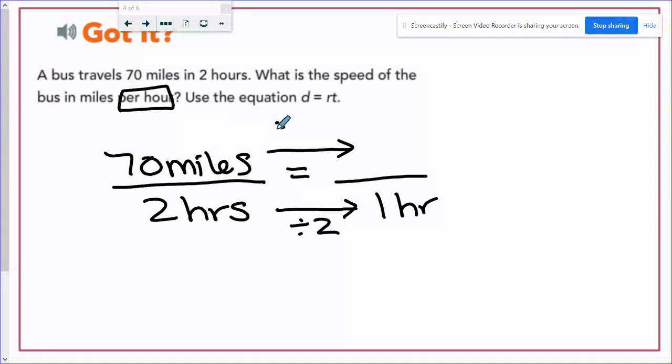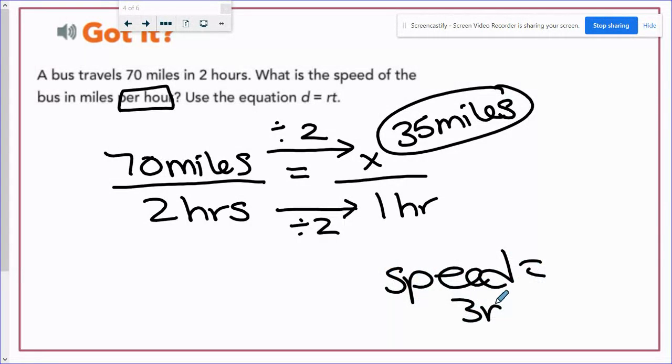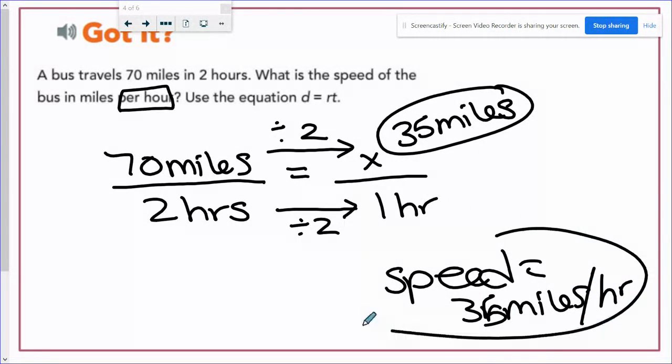To go from 70 miles, we're also going to divide by 2. 70 miles divided by 2 gives us 35 miles. So the speed of the bus is 35 miles per hour. Because as we can see here, we go 35 miles an hour. All right, let's move forward.